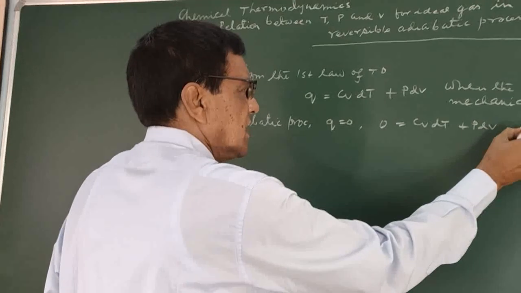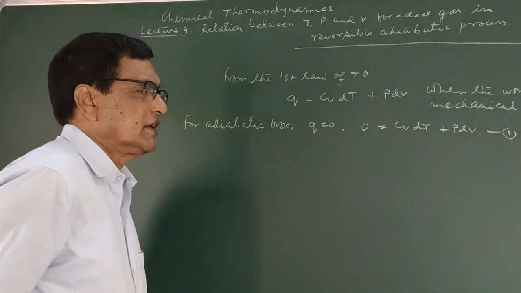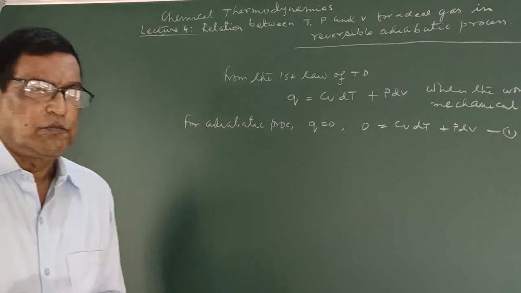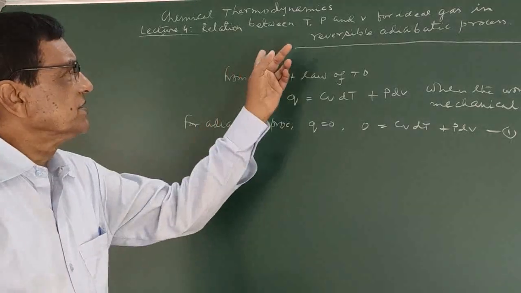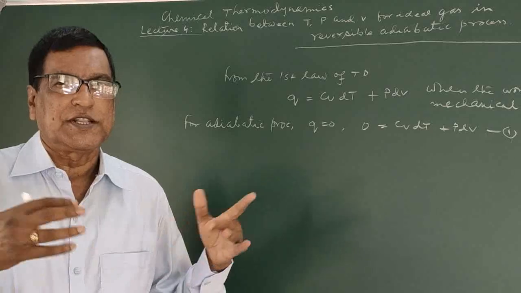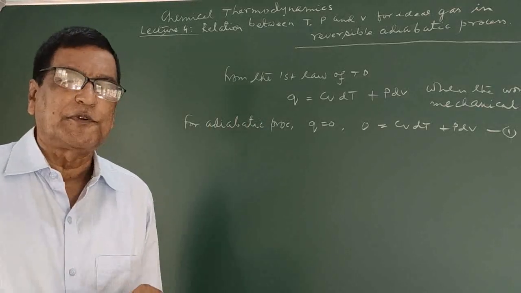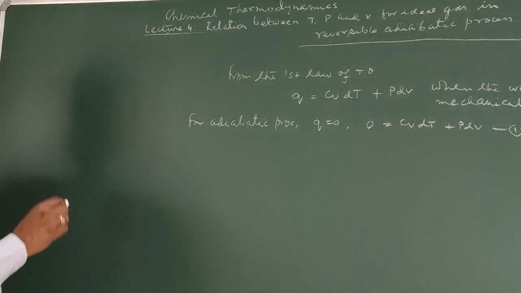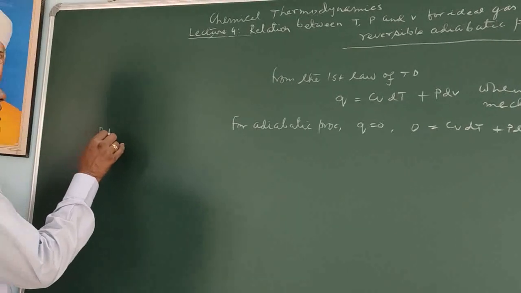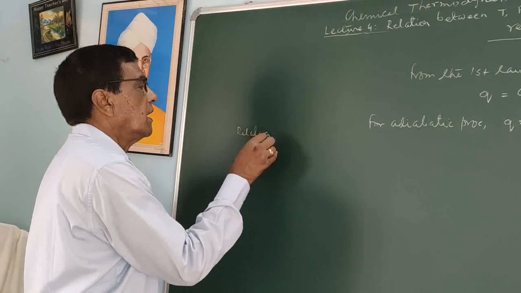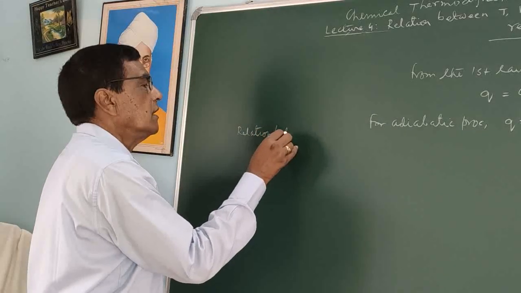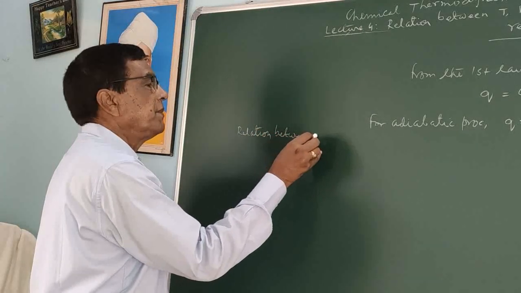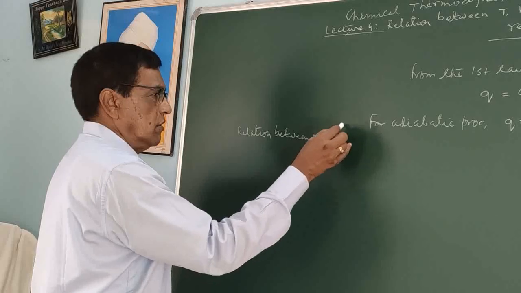This will be the starting equation for our formulations of the relationship between temperature, pressure and volume in an adiabatic reversible process. Now I would like to first find out the relation between temperature and volume.